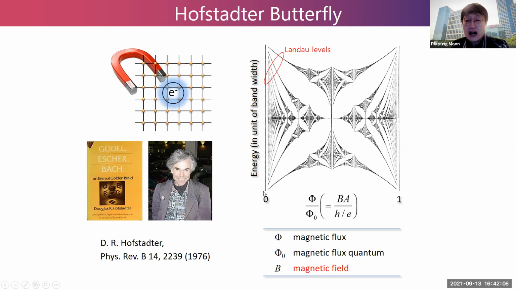However, as the magnetic field further increases, each Landau level evolves into a very complicated tree-like structure. This spectrum is called Hofstadter's butterfly, since the shape of the gaps looks like a butterfly.